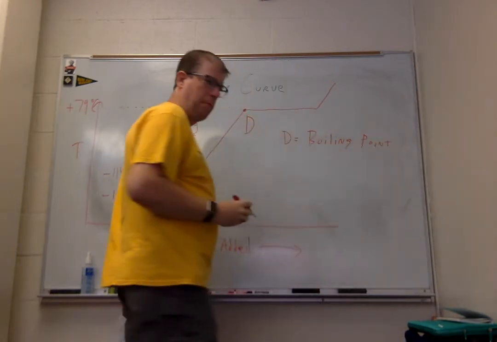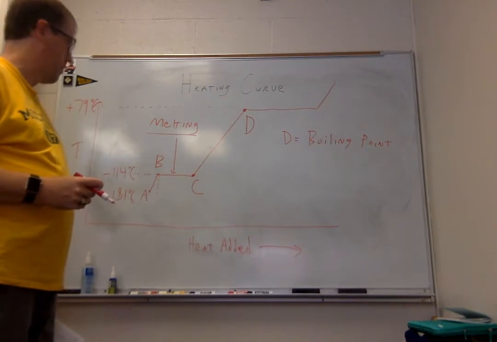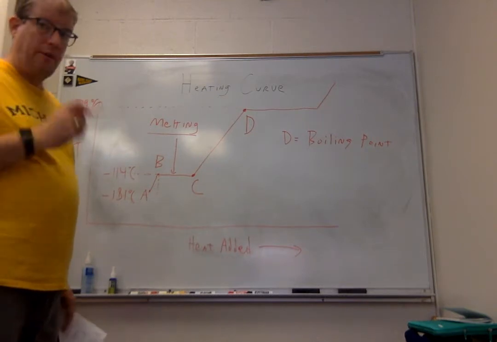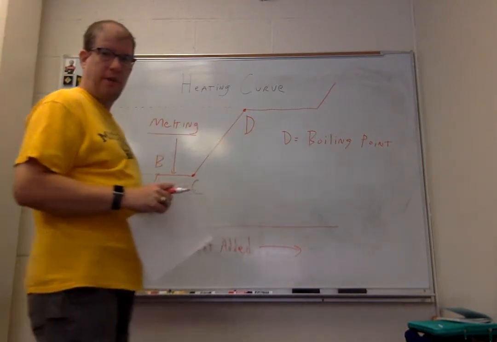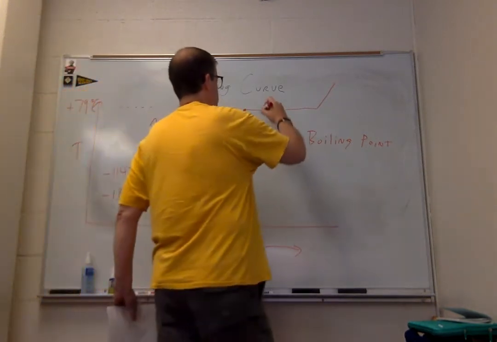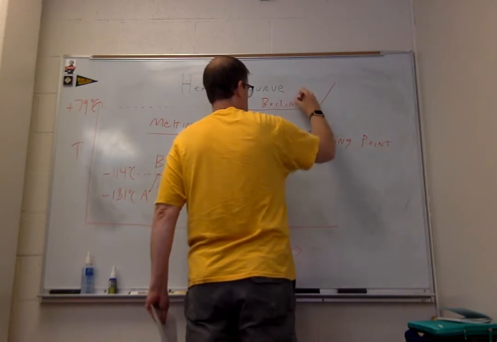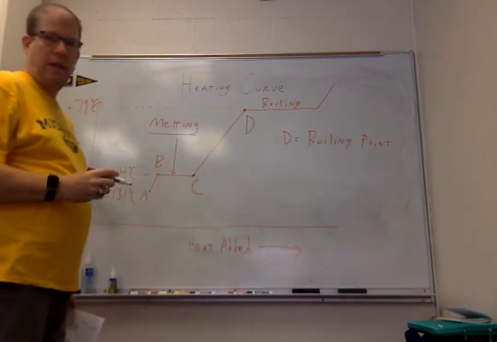It's the boiling point of ethanol. So at this point, as soon as you move past that, you start to see the ethanol start to bubble. And so what we're doing along this horizontal part is boiling the ethanol.